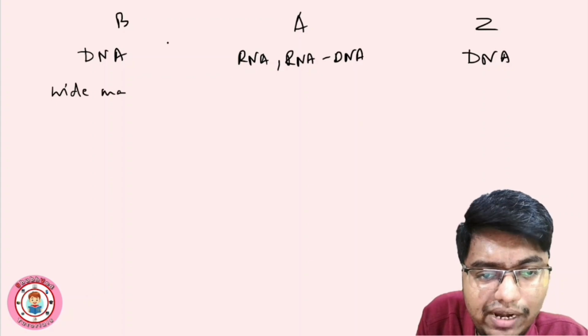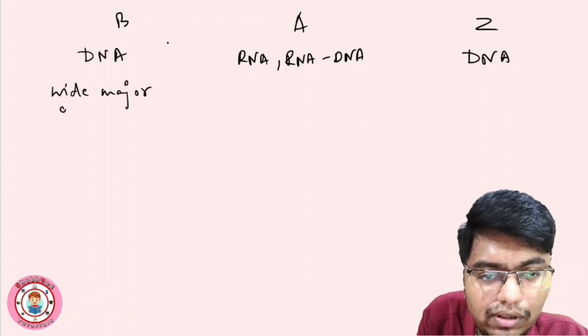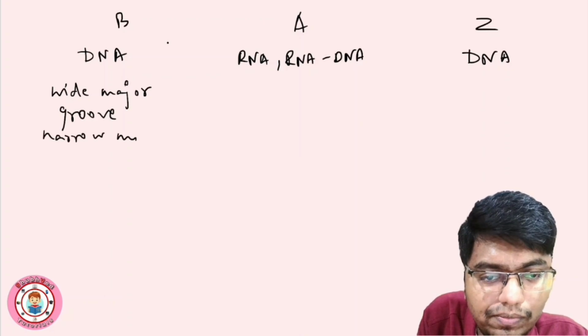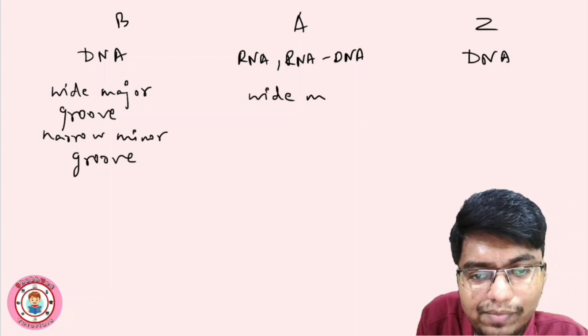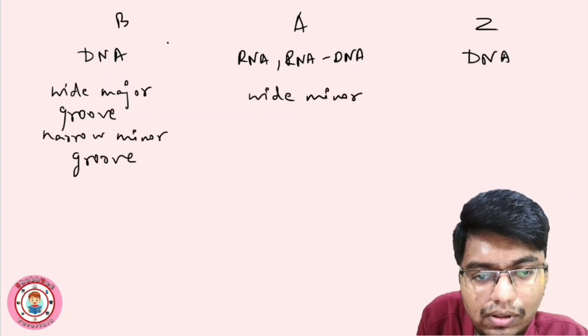B form has a wide major groove and narrow minor groove. A form has a wide minor groove and narrow major groove.